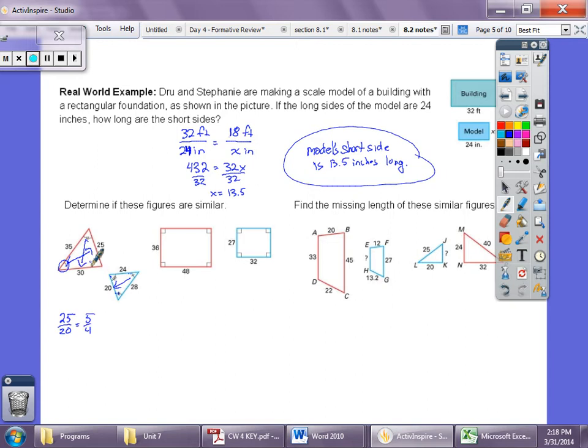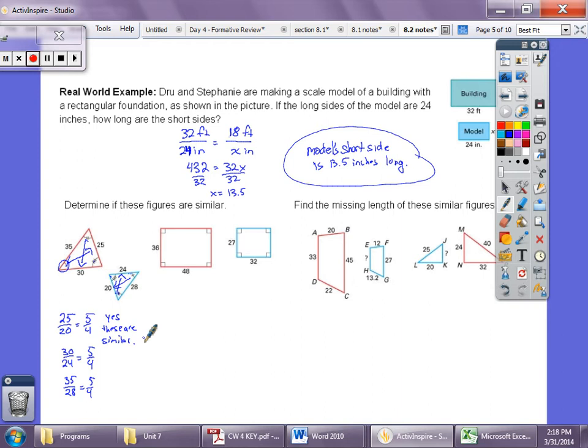So that's 30 across and 24. 30 over 24 is also 5 over 4, which leaves 35 and 28, which is 5 over 4. So these are similar.